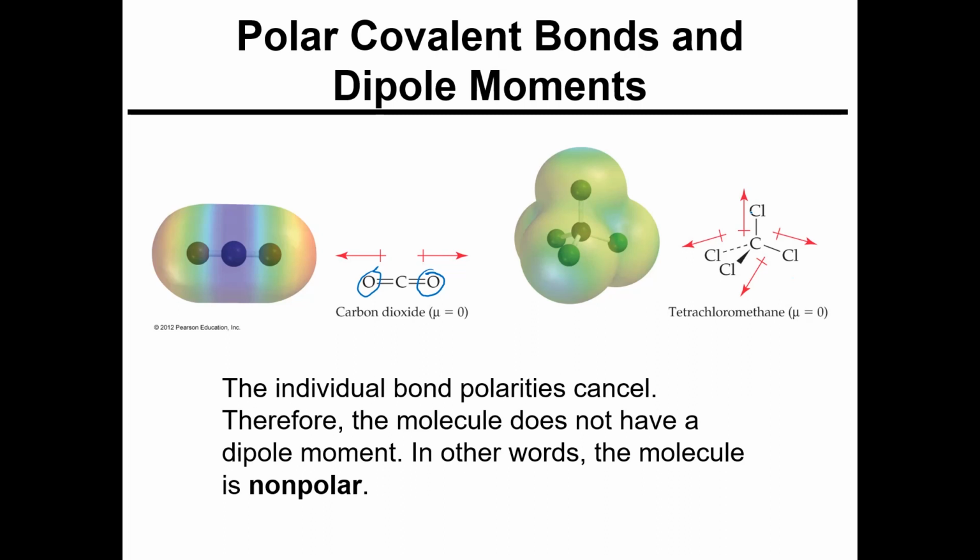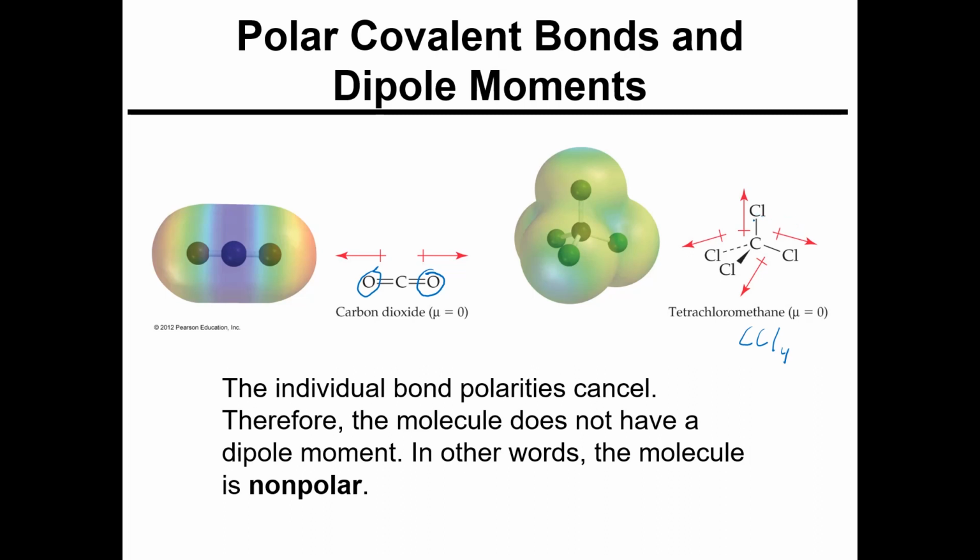Something very similar happens with tetrachloromethane. Tetrachloromethane is CCl4, which means that we've got 4 chlorines. So if we draw this molecule out, it's tetrahedral.